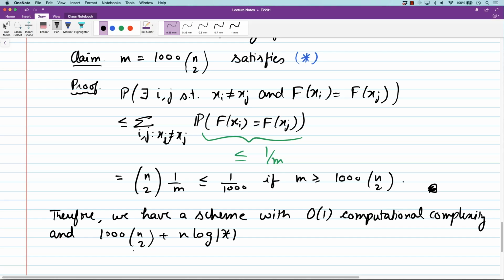By the way, this is approximately n square, because this is n square plus n log x bits.